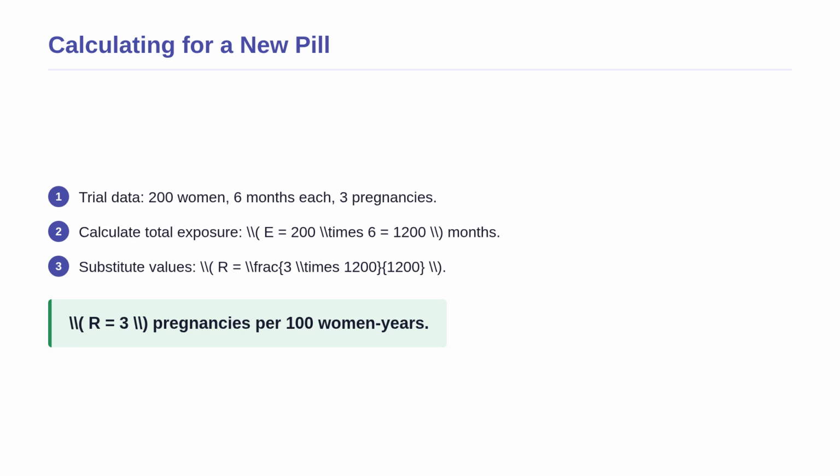Next, we substitute the 3 pregnancies and our exposure time into the formula. The 1,200 in the numerator and denominator cancel out. Our final answer is a Pearl Index of 3. Physically, this means if 100 women used this pill for a full year, exactly 3 would experience an unintended pregnancy.